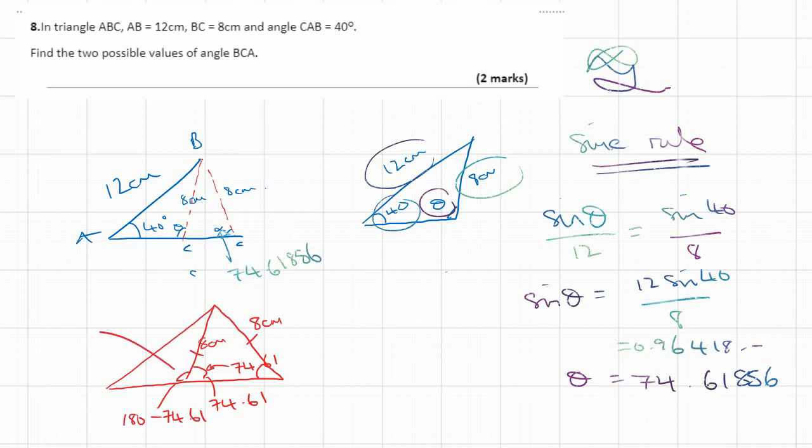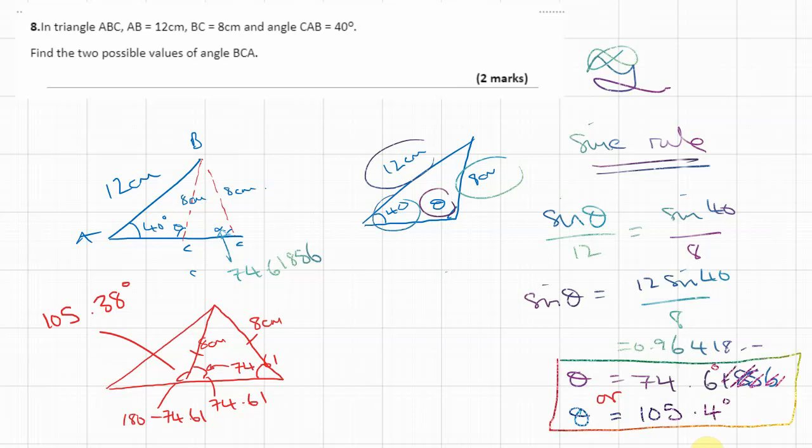So this angle here is going to be 105.38, which we can probably call 105.4. So there are our two answers to this question. Okay, I hope that wasn't too boring for you.